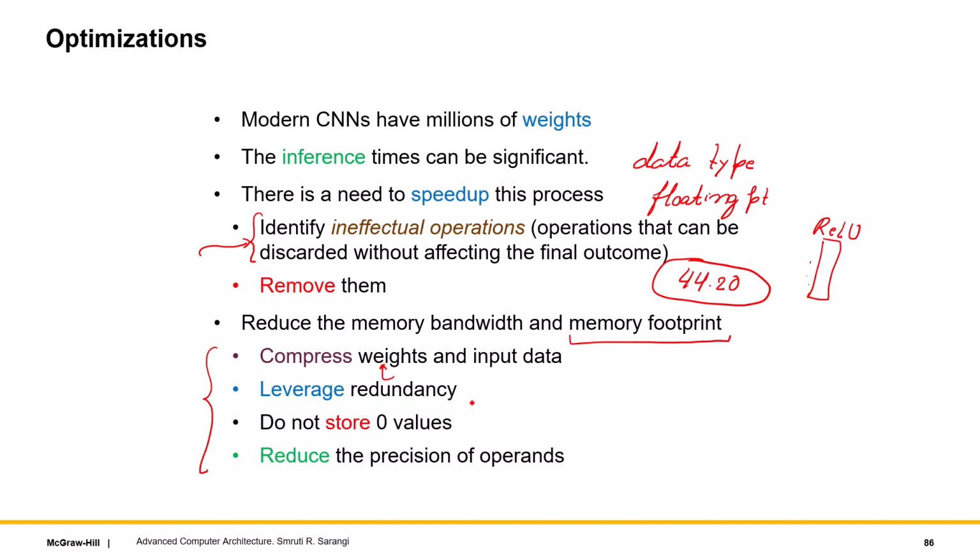You can leverage redundancy: if similar data repeats, then you need not compute the convolution twice and you need not even store it twice. There is no need to store zero values, and of course you are reducing the precision of operands, which we just discussed. The main aim is that unless there is some degree of compression in storage, we will need a lot of space and we may not have that much available.